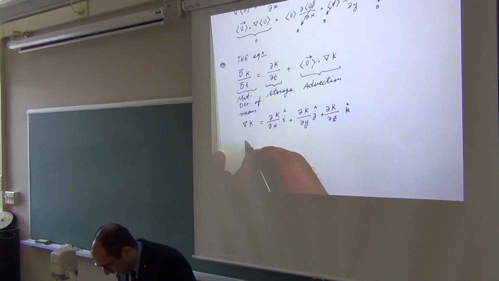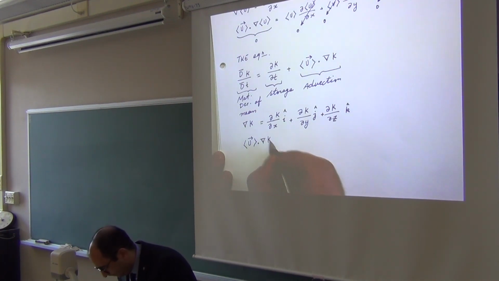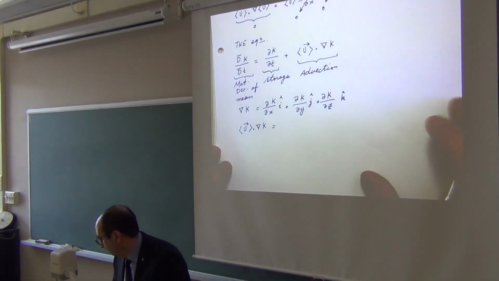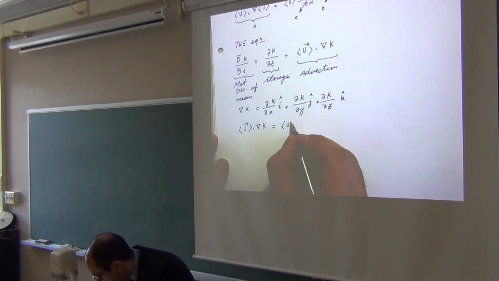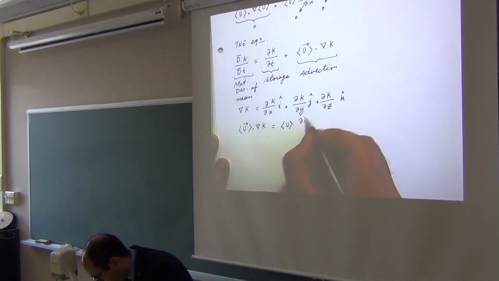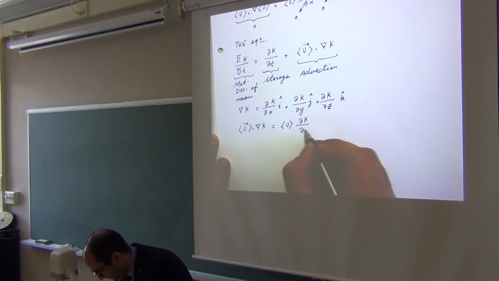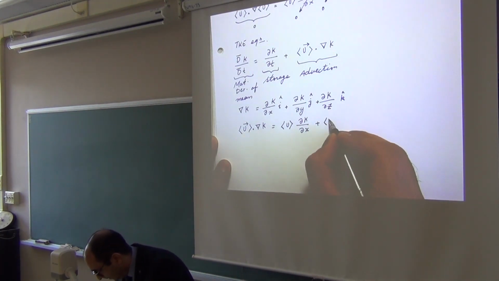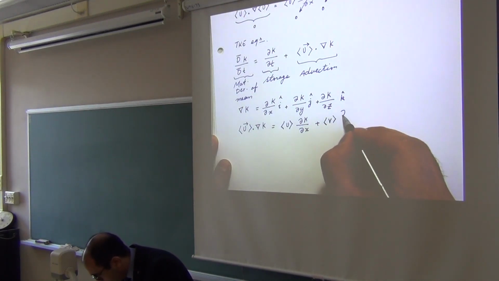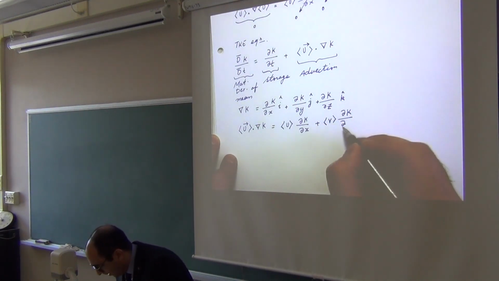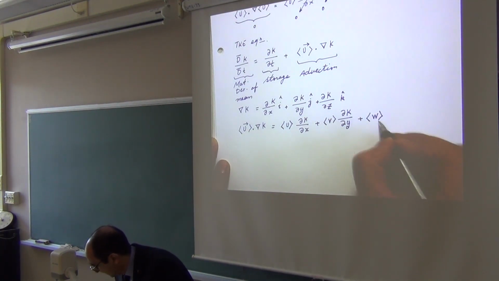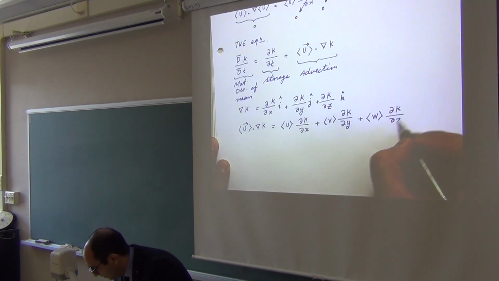If I do the dot product now, it will be u partial K partial x plus v partial K partial y plus w partial K partial z.